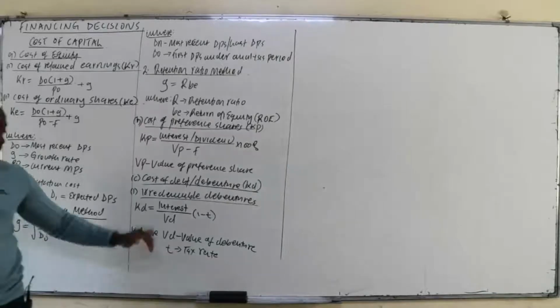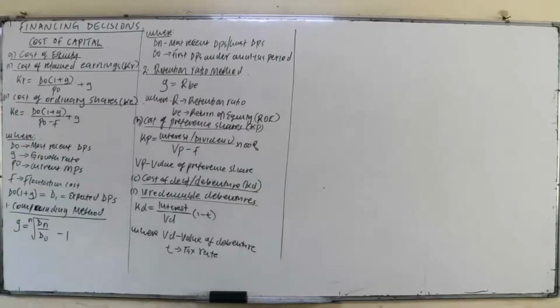Then you write that interest on debt is allowable for tax purposes.